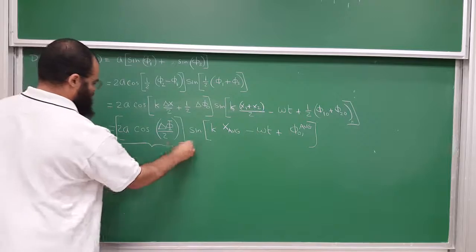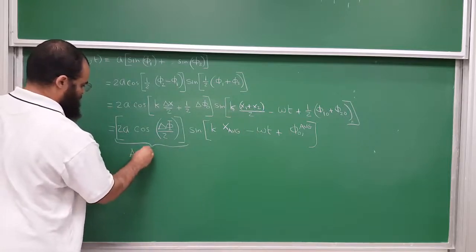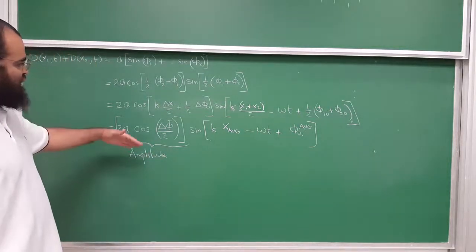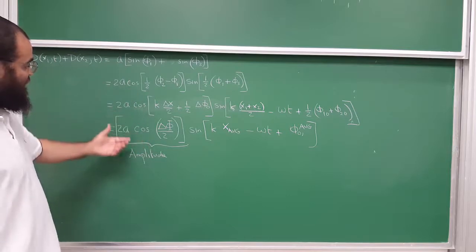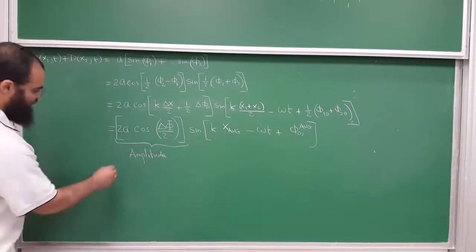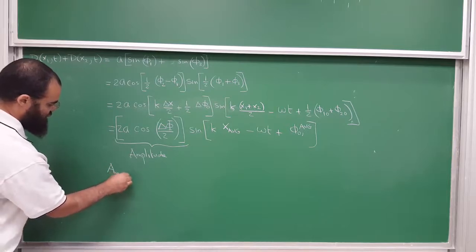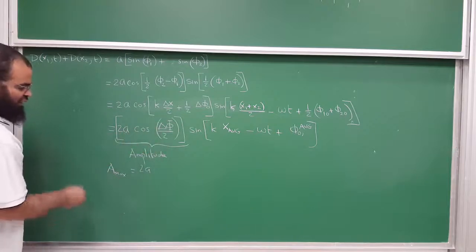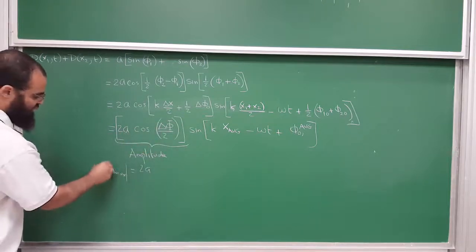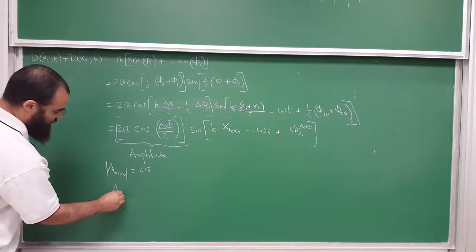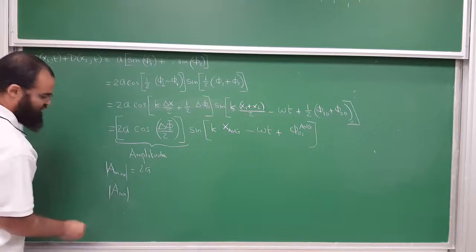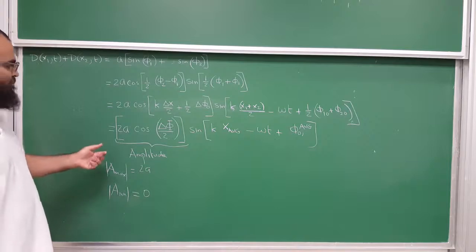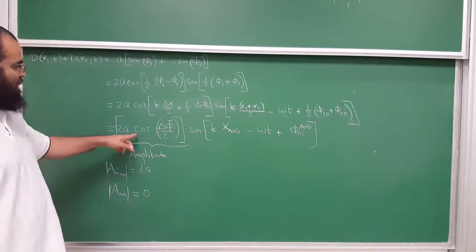And this is the amplitude here. And the amplitude changes. So the amplitude could be 0, or it could be as large as 2a. The maximum amplitude will be just 2a, because it's maximum when this cosine is equal to 1. And the absolute value of the minimum amplitude is 0, when this is 0.